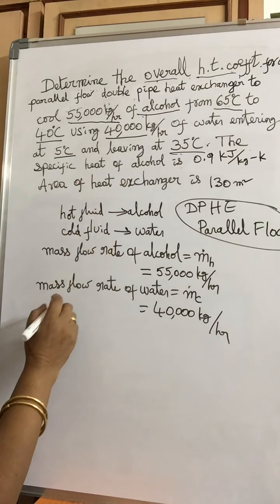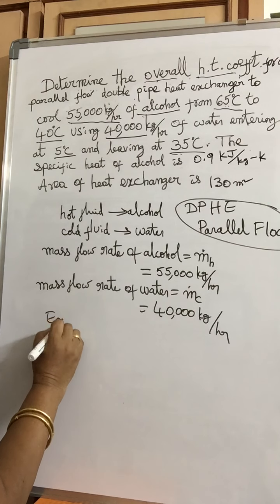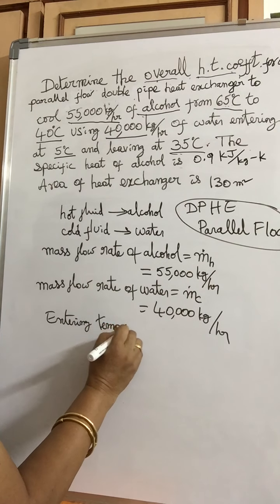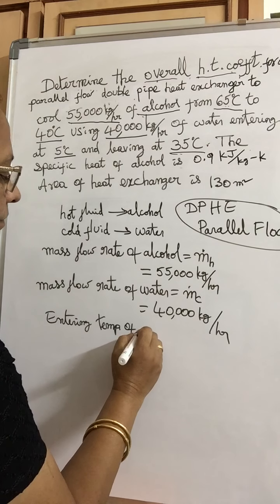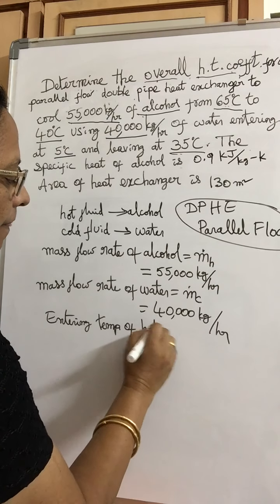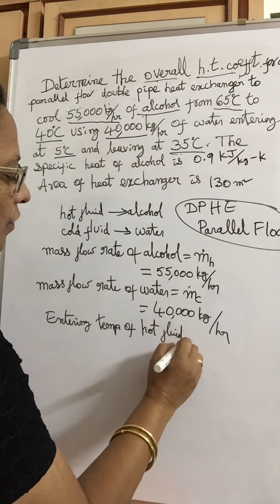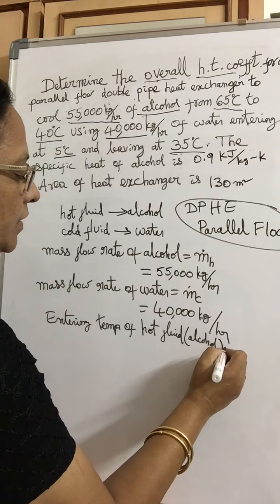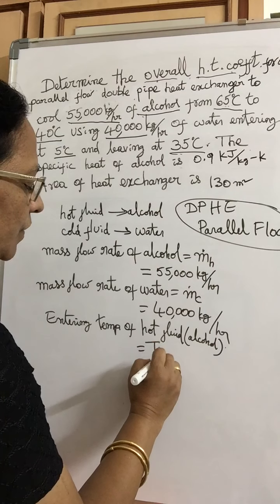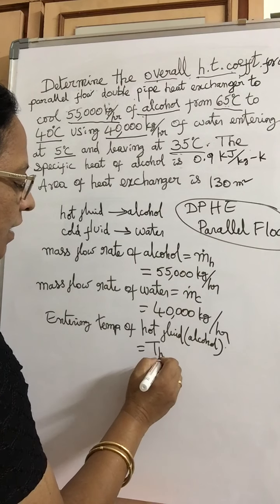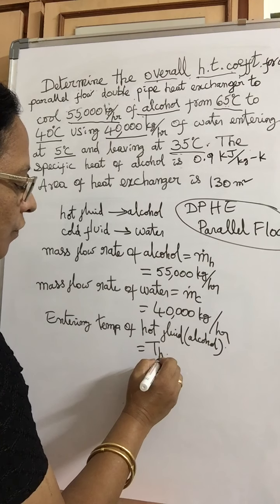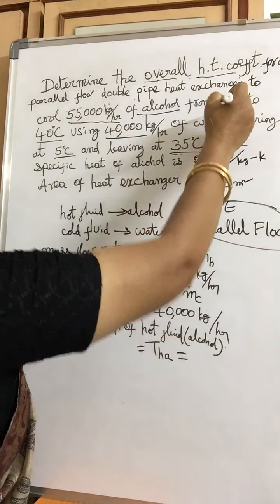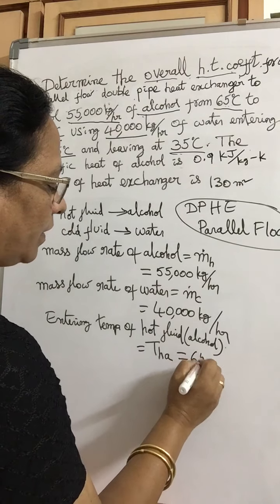Now, the other information that is given is the entering temperature of alcohol, that is the hot fluid. Entering temperature of hot fluid is equal to T_H. T_H indicates the temperature of the hot fluid entering, T_HA, that is equal to 65 degrees centigrade.